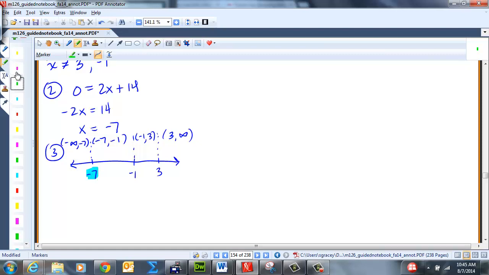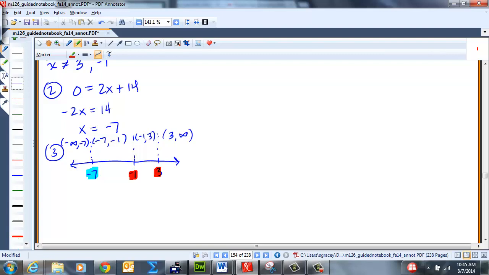And these guys here, negative 1 and 3, are excluded values, because they zeroed out the denominator. So notice that in this case, it doesn't really matter because we just had a less than inequality. But if we had had a less than or equal, it would really matter.